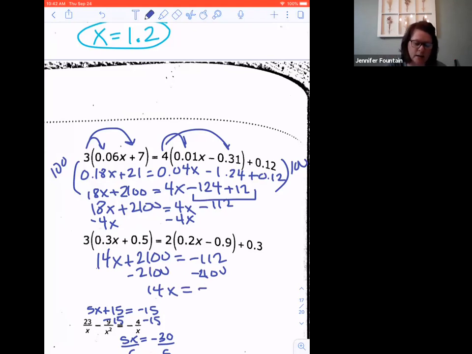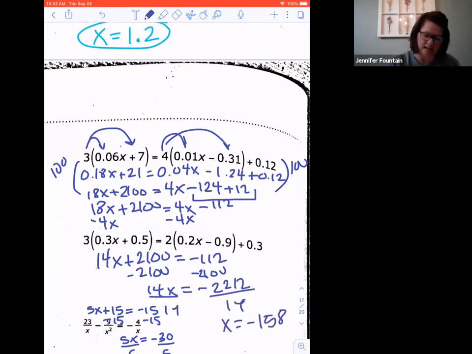So that means I keep my negative sign, add my numbers together, and I'm going to end up with 2,212. Divide by 14, divide by 14. So x is equal to negative 158. Again, I'll get my calculator and divide 2212 divided by 158.